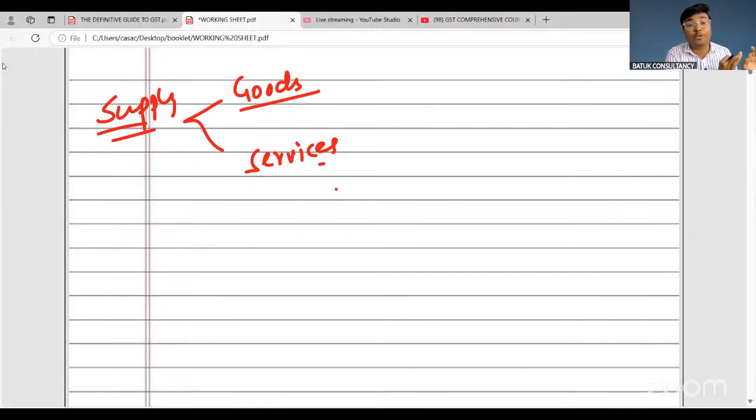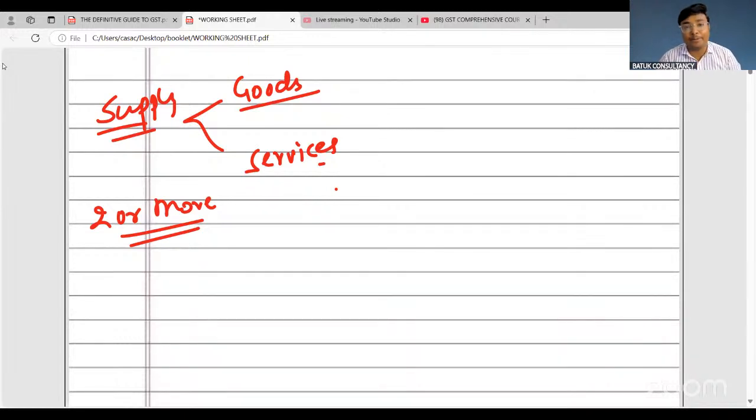Suppose if a taxpayer is going to make the supply of two or more products, in that case the challenge is that, suppose on one product the rate of GST is 18%, on another product the rate of GST is applicable at the rate of 28%.